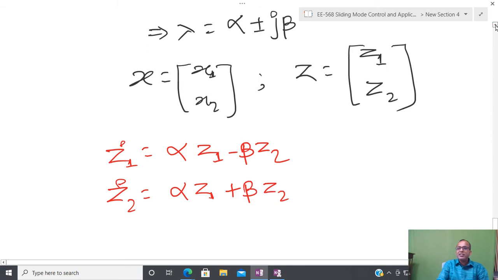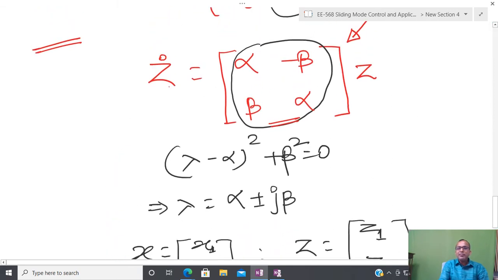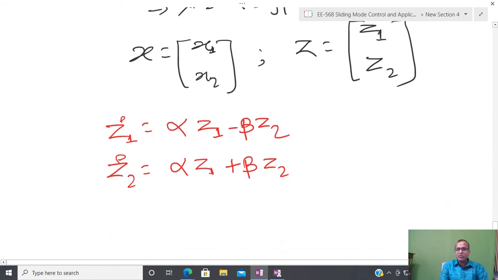What I have done is put Z1 dot and Z2 dot in place, and then done the matrix multiplication. Yes, the second equation: Z2 dot equal to beta Z1 plus alpha Z2. Okay, so I will change it. Am I right now? Yes, sir.